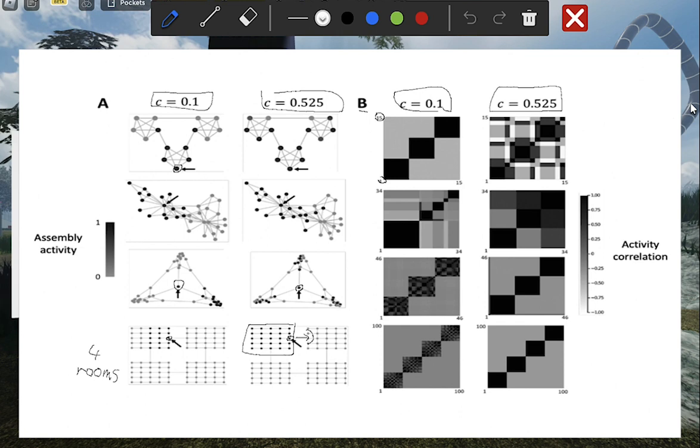What activity correlation? I see. It's at the end of the simulation.